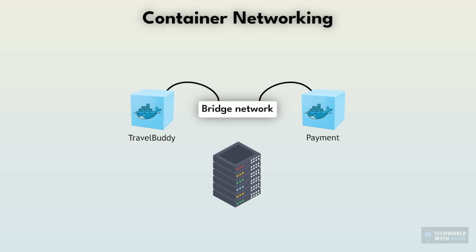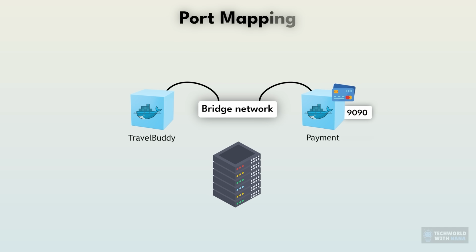But containers have their own private networking inside them. When our payment service container runs, it might listen on port 9090, for example, inside the container. So the question is, how do external requests reach that application running inside the container on port 9090? Well, we need to map the container's internal port to a port on the host server.